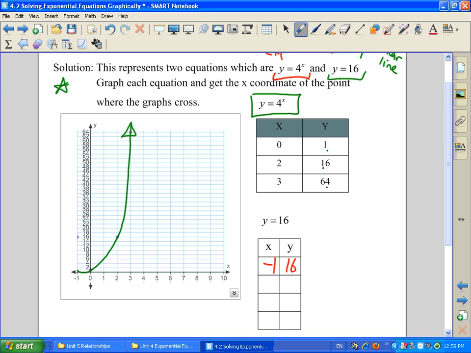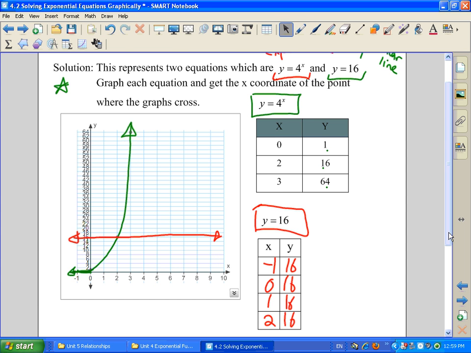I could go 0, it's going to be 16. I could go 1016. I'll just go 2 though. And 16, because in this equation, folks, it doesn't matter what my value of x is. Y will always be 16. So I draw a straight horizontal line with arrows at both ends. I apologize, I forgot my arrow down here.